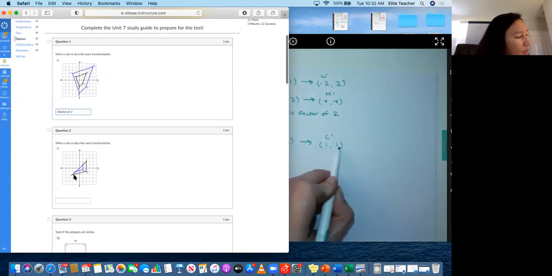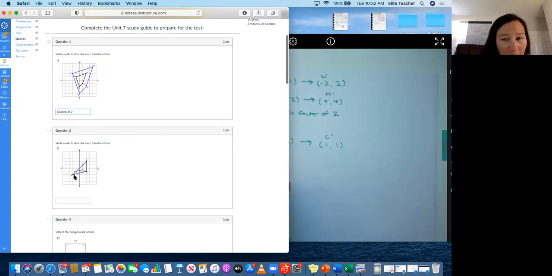So what's happening to our numbers going from 2 to 1 and 2 to 1? It is cutting in half. So this would be a dilation of 1/2.